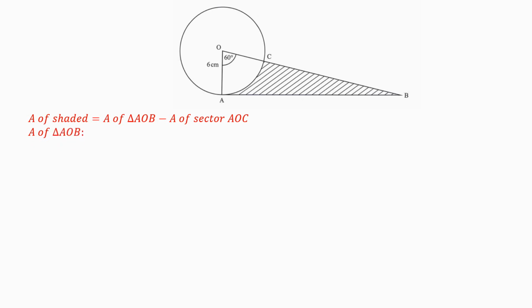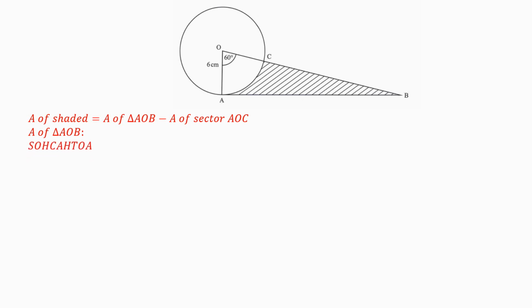So we will start by computing the area of triangle AOB. And to do that, we know that for a right angled triangle, the area is a half times base times height. We have the height, but we do not have the base. So we need to find the base first. And since it's a right angle, we can use the trigonometric functions to find the length of AB. So we have SOHCAHTOA.